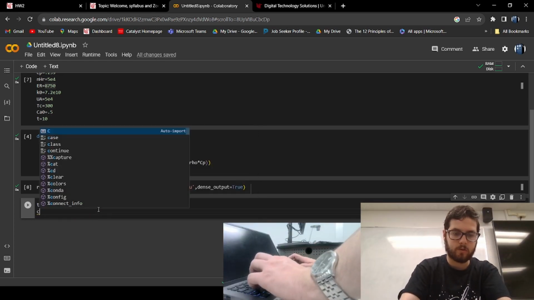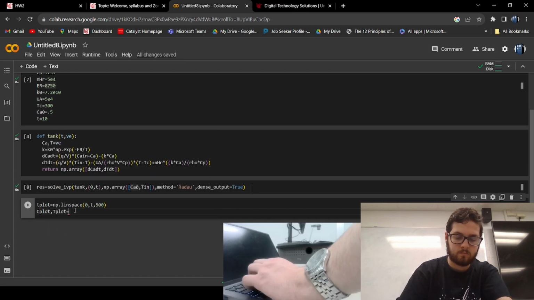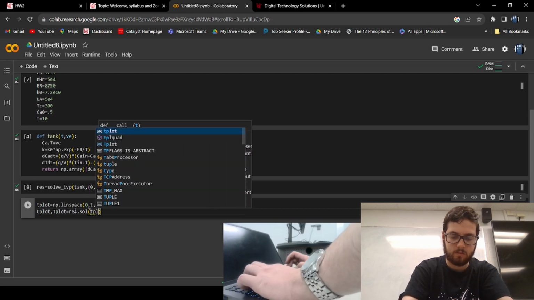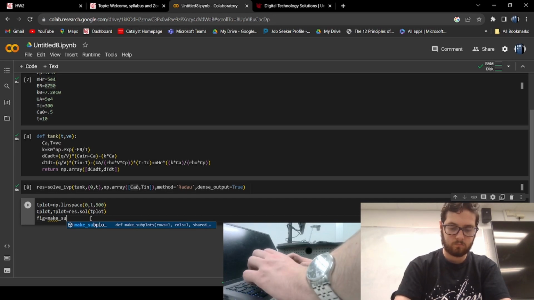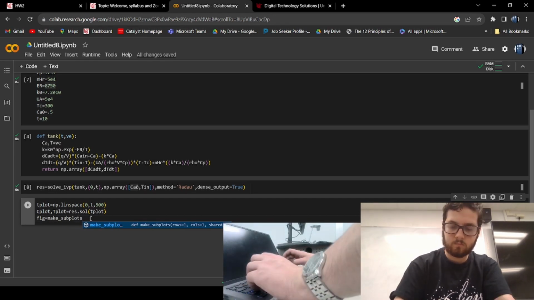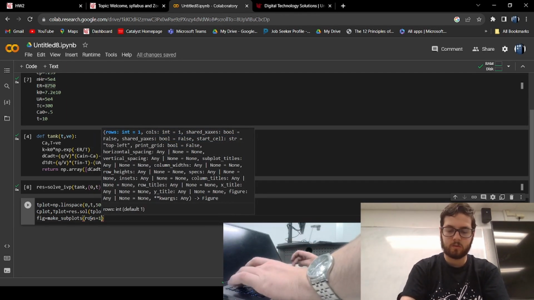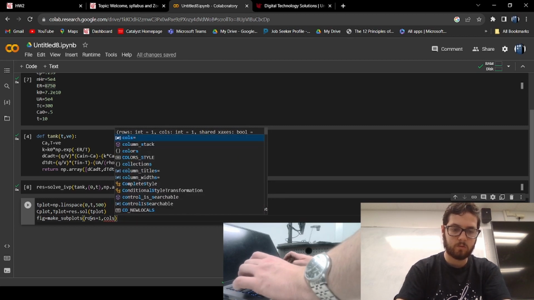On our concentration plot, is the result with respect to t plot. Make a plot of this, with rows equal to 1 and columns equal to 2.